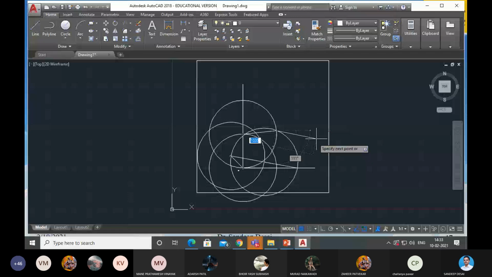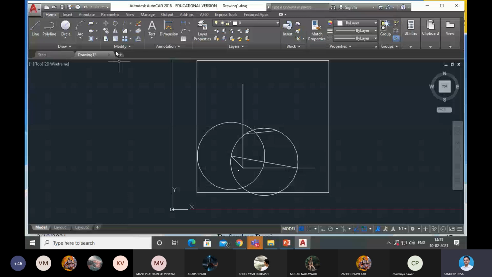and a line from here to here, and then delete all these circles. Delete this line also.